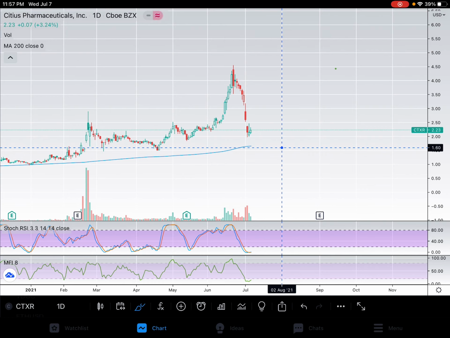Even though it got good news on trial 3, they're saying that some of the articles that came out about Ctxr were painted more positively than they should have been, which could also lead to insider trading within certain sources. So that news hit, and you see what happened to the stock.